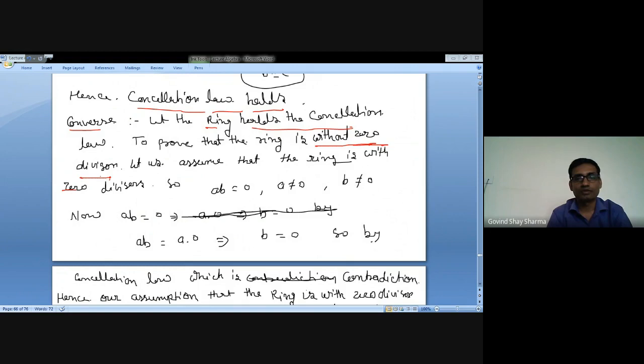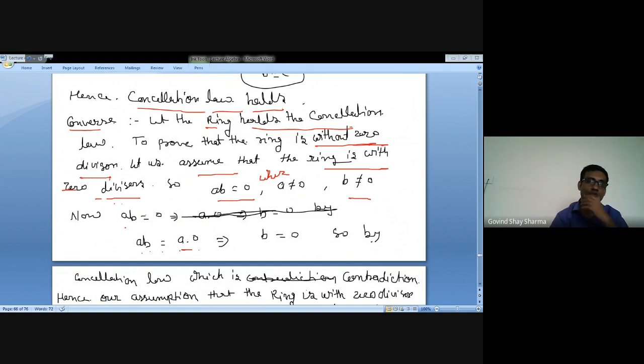Let us assume that R is with zero divisors. So AB is equal to 0, with A not equal to 0 and B not equal to 0. If AB is equal to 0, we can write AB equal to A·0.